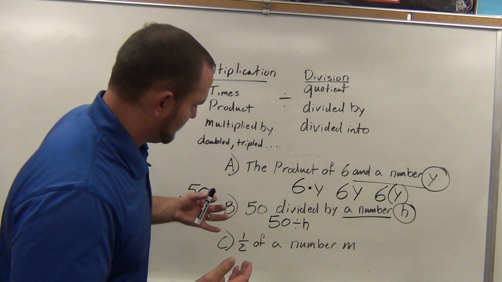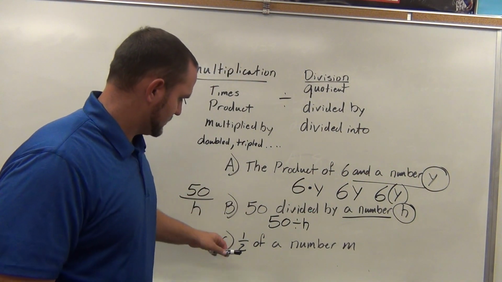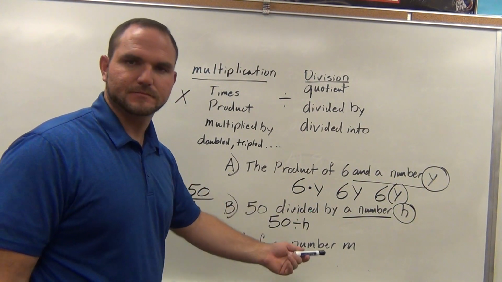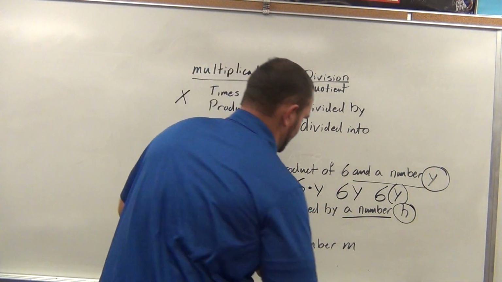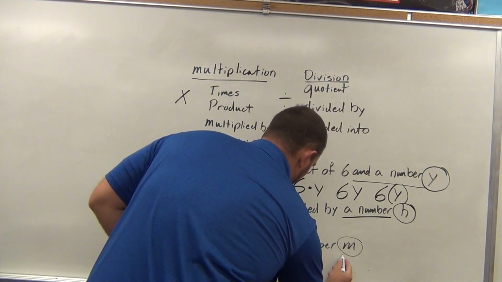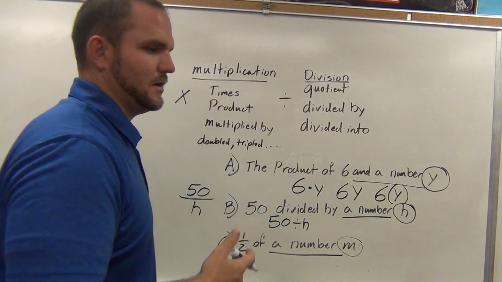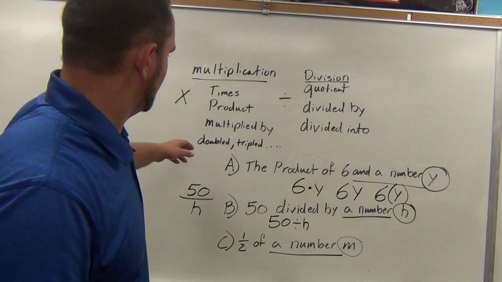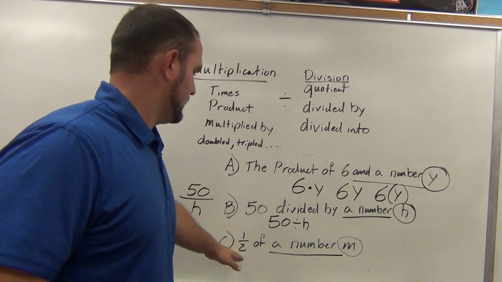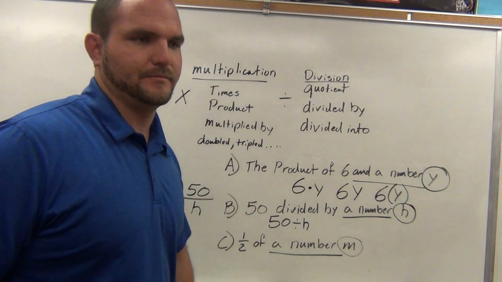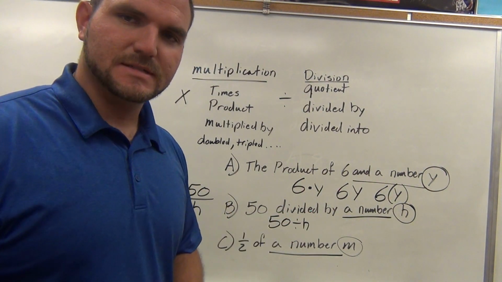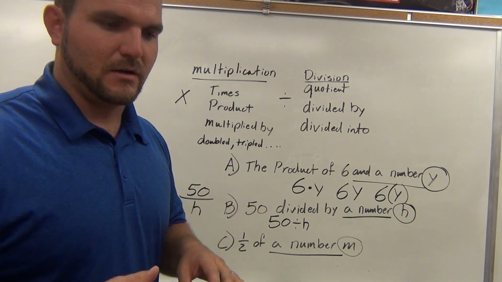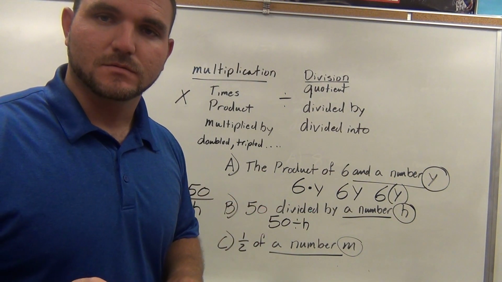All right, going into the last example of these. Half of a number m. Don't know what m is. It's our variable. So there's an m and a number. So half of a number. We talked about doubled and tripling, but half of a number m. This one is actually interesting because if you were talking about half, you would probably divide it by 2.